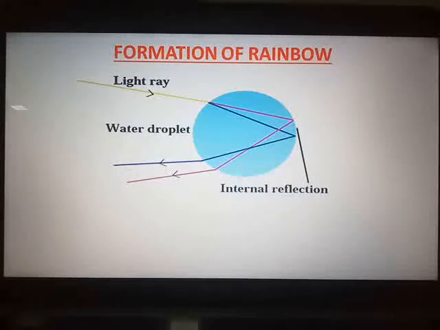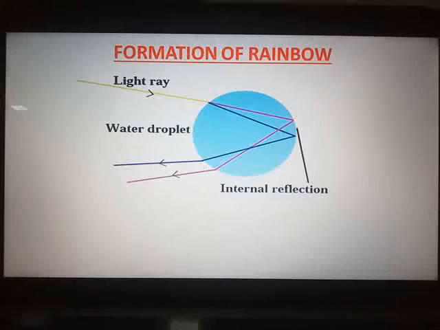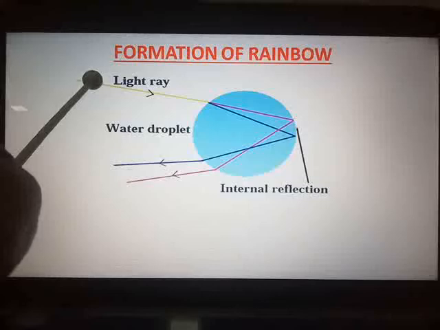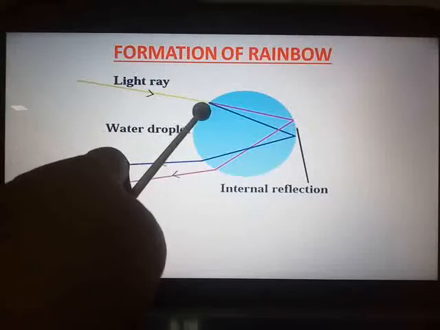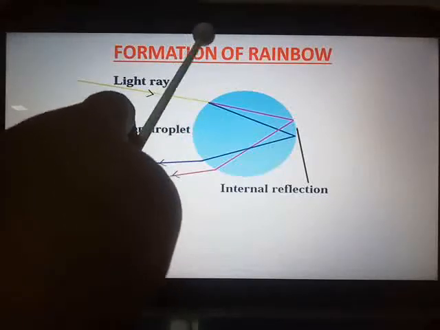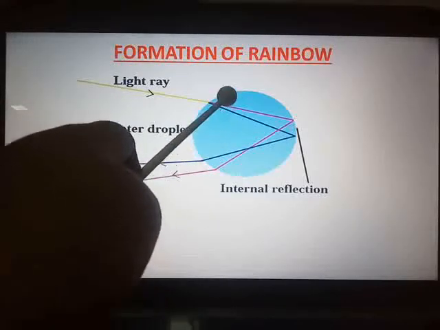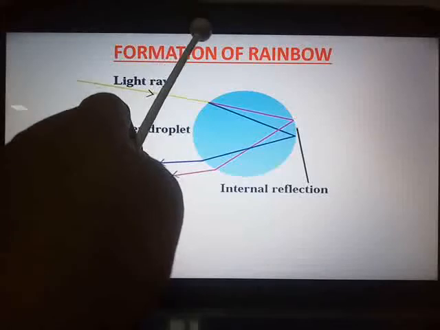So here small water droplets behave like small glass prisms. When a light ray from the sun enters these droplets, you can see that there is a change of medium from the air to the water droplets, that is like a glass prism. So from air to water, immediately this ray of light will get refracted and dispersed.